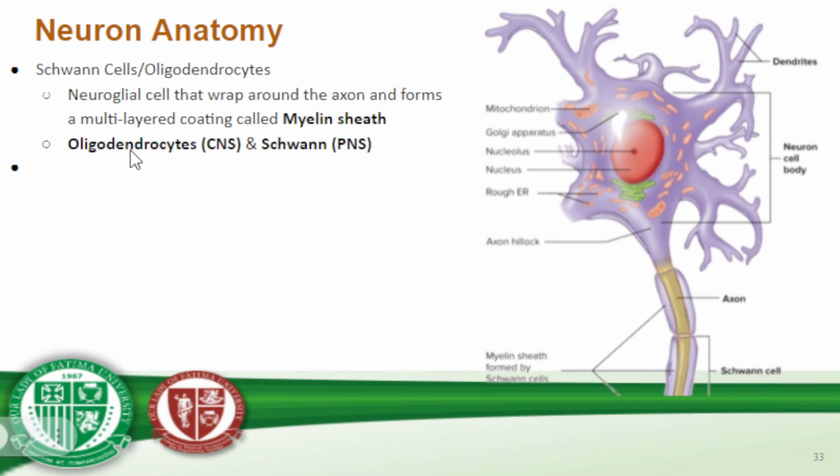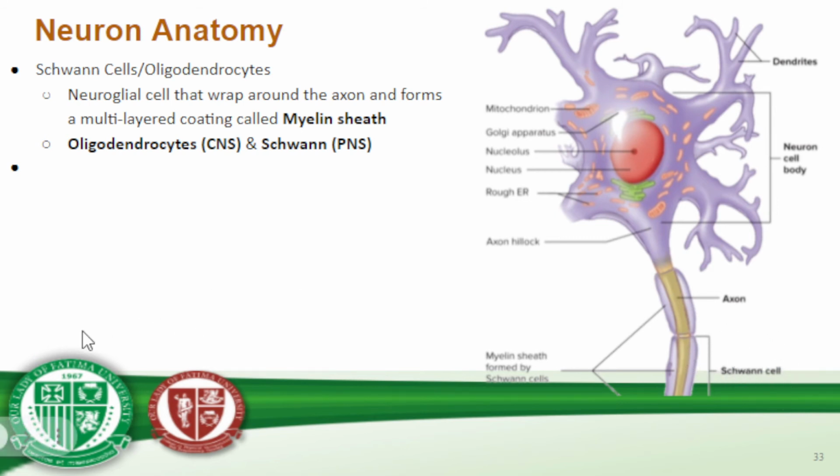So, here in this bullet, kita natin kung ano yung nagpo-produce ng myelin sheath natin. So, pag nasa central nervous system, ang nagpo-produce ng myelin sheath is the oligodendrocytes. Mamaya pupuntahan natin yan. At pag nasa peripheral nervous system, ang nagpo-produce ng myelin sheath natin ay Schwann cells. Ito po siya. Schwann cells.